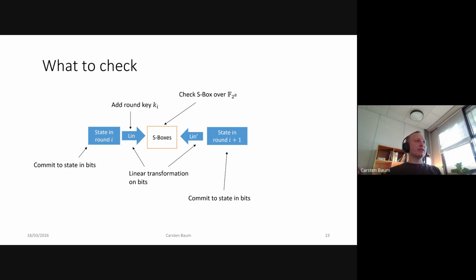You had to commit to the states, that was necessary, but then to evaluate the linear functions forward and backward from the state, you pay nothing. Then, in VOLE-based proof systems, you can actually lift your secret from a base field to an extension field. So your committed value can be lifted to an extension field, in this case F2 to the 8. And then I can do this check over F2 to the 8, this check that it's actually an inverse. And I only have to do one multiplication for it.